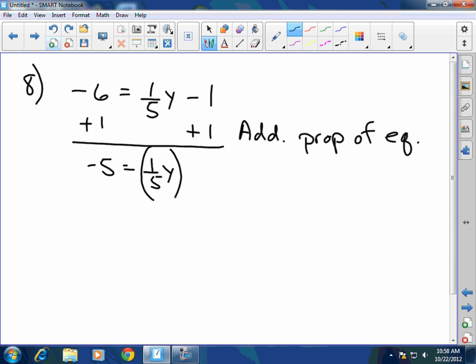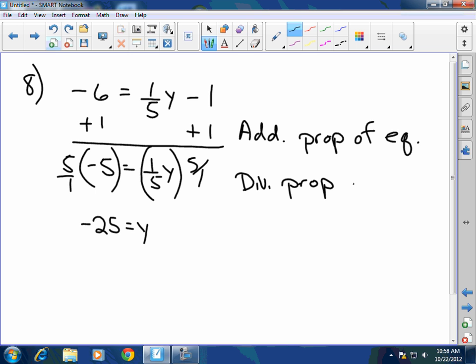And then you multiply by the reciprocal, 5 over 1 to both sides. So I've got negative 25 equals y. I divided because of the division property of equality. And then last but not least could be simplify or closure.